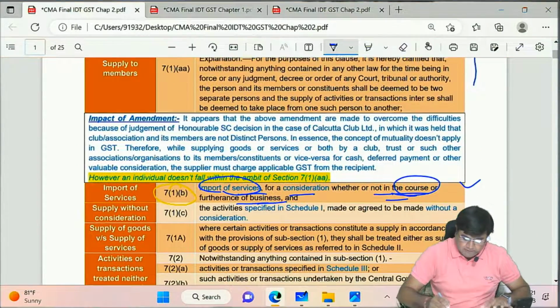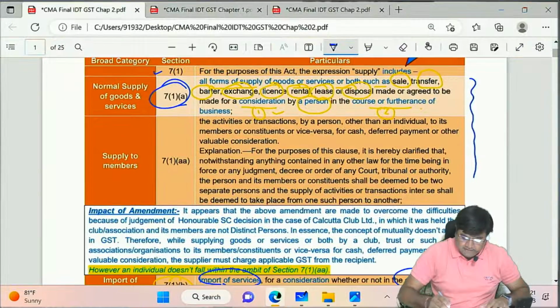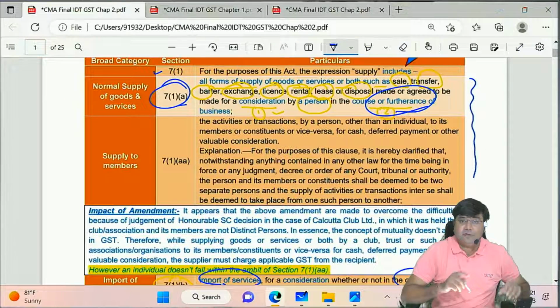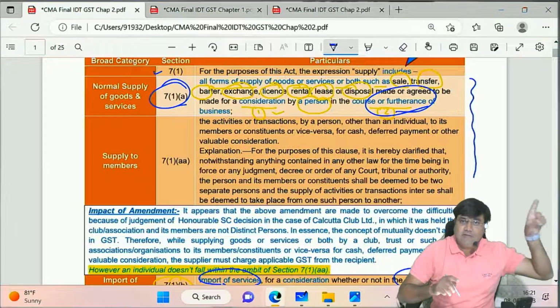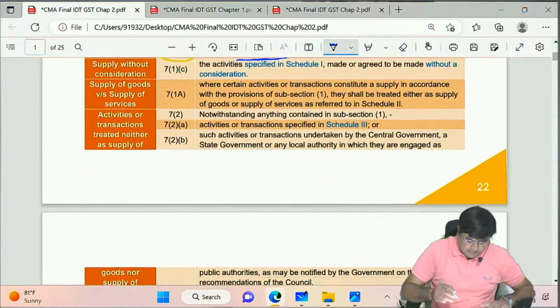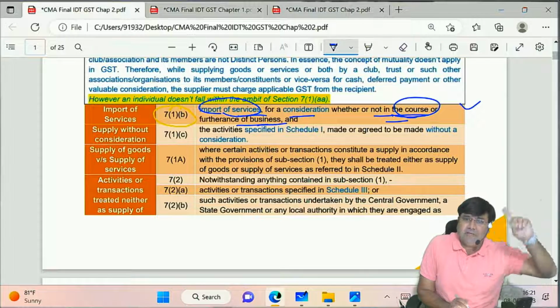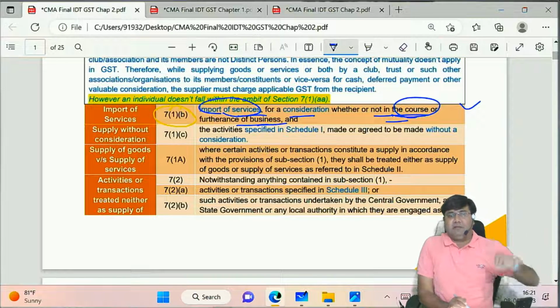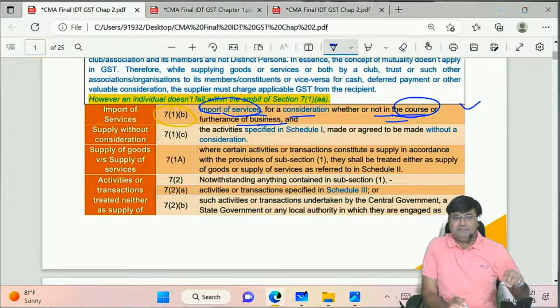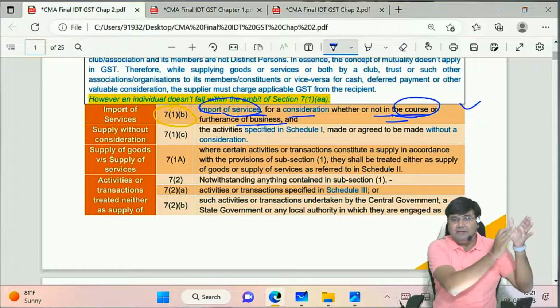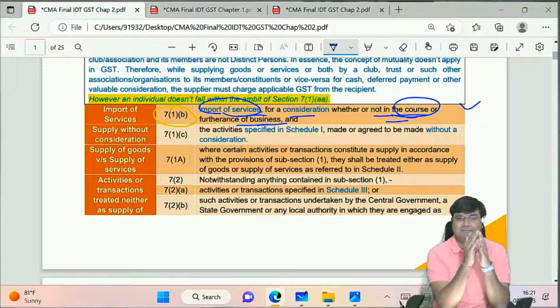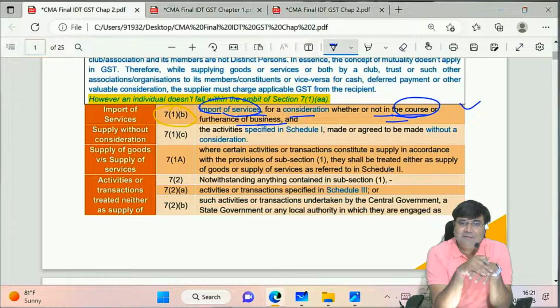But if the second condition is not satisfied, please jump to section 7 subsection 1 clause B. It says import of services. Now let's say Twitter is supplying such services from US. Server is there in US. So Twitter is supplying Twitter services from US. So import of service, you are in India, you are paying $1.